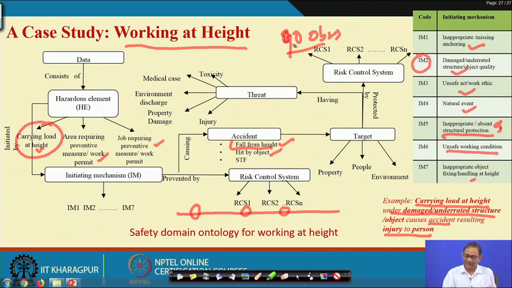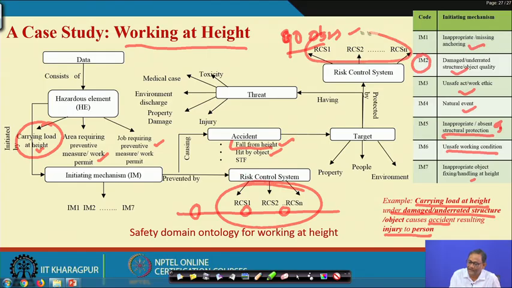In all those 90 odd cases, the alignment of those components has taken place. My question is, when there are 100 such incidents, why are we not able to prevent them? The reason is we might have been lacking the risk control system.